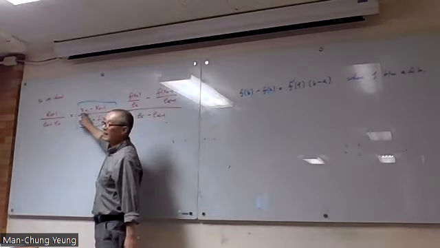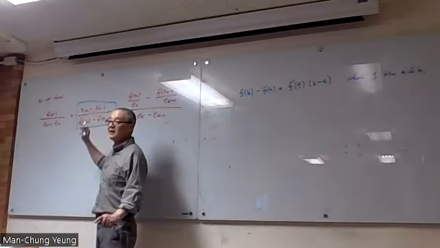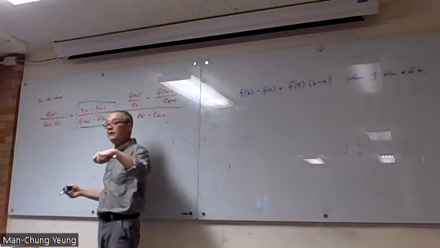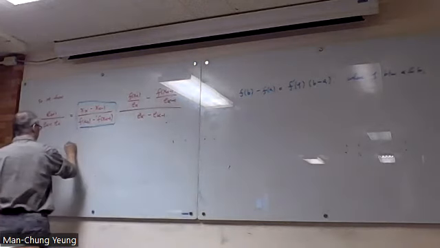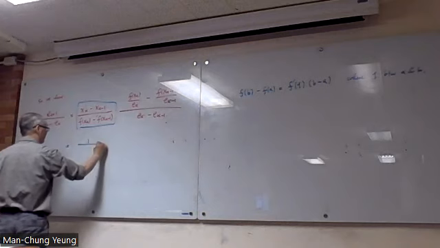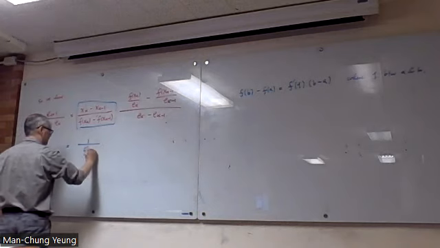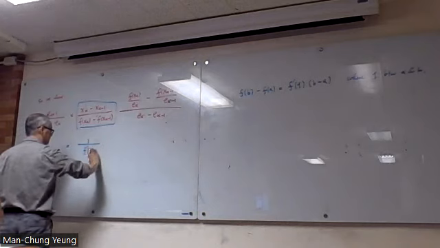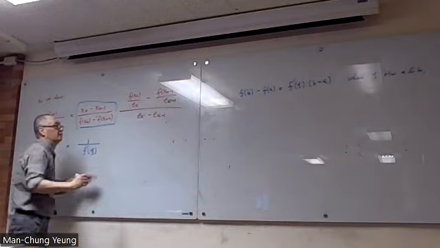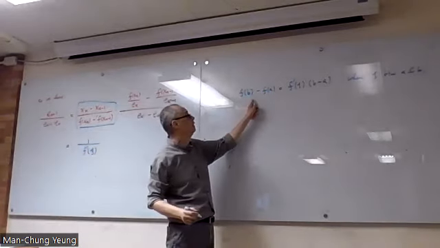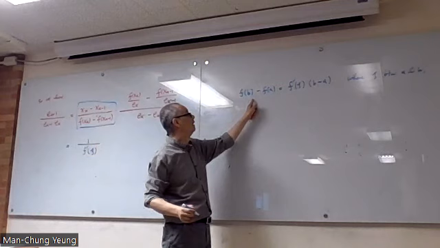Okay, so here, between x_{k-1} and x_k, I can find a point such that this is 1 over the derivative at the point xi.